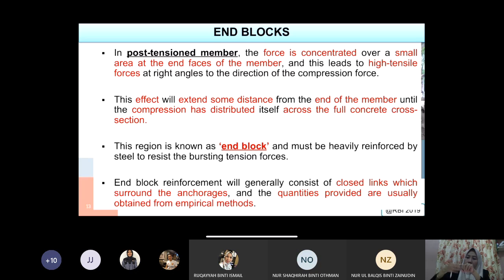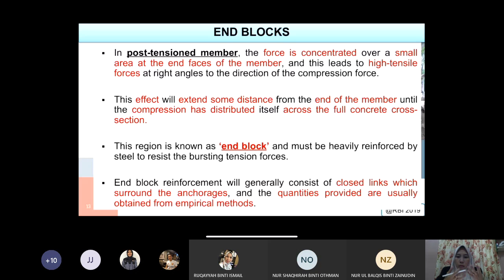So there is already a concentration of stresses or forces at the location where you apply your jack. If that part is not designed properly, your structure might fail near that area. It might burst out, rupture or crack. We want to avoid that.